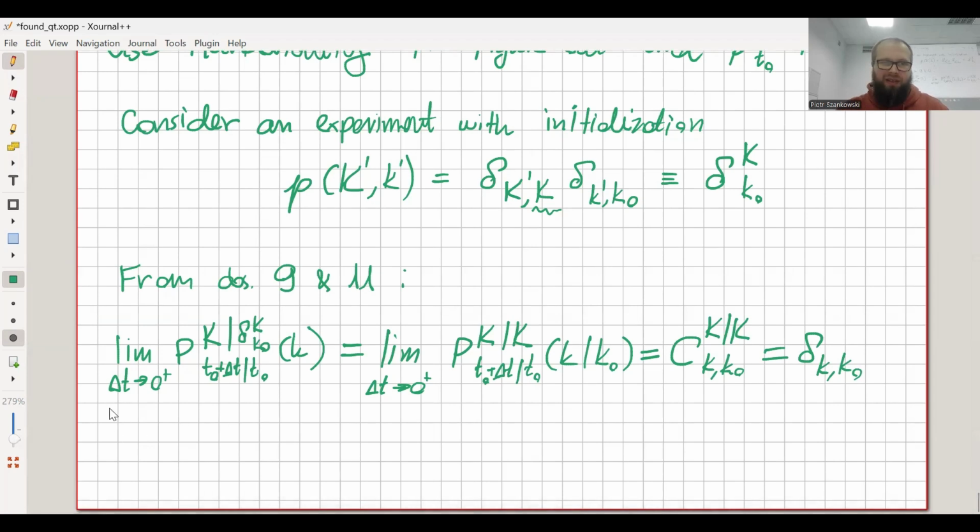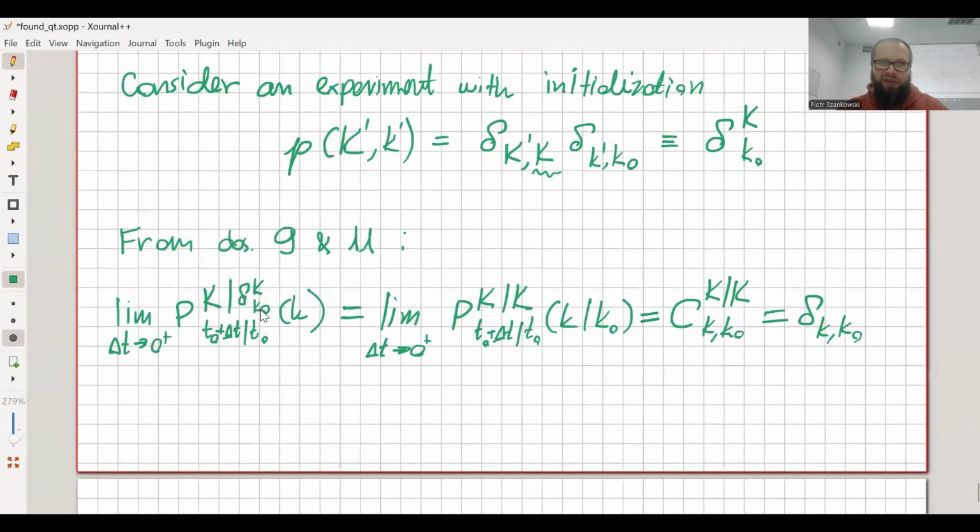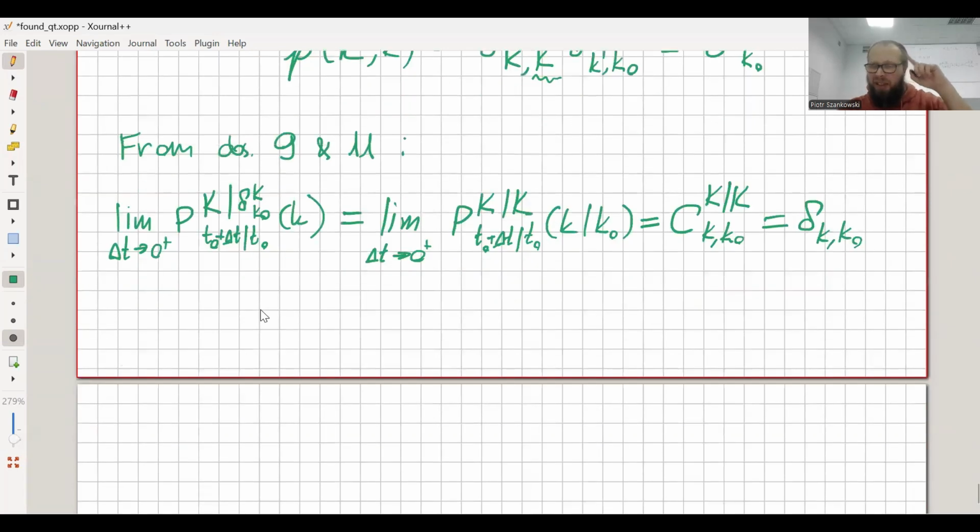So this is what we get from our phenomenological observations. But now we can represent it in Hilbert space.